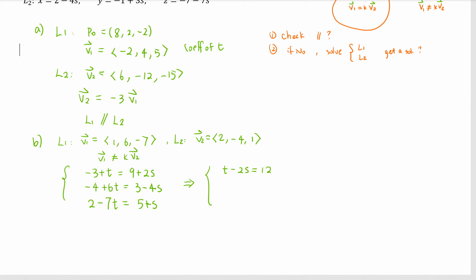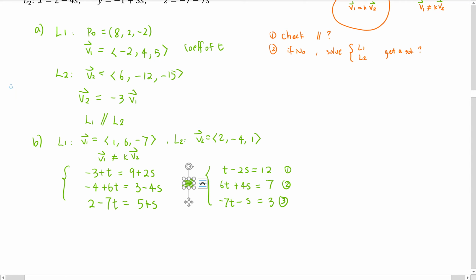And then the second equation, I have 6t and I move the s to the left, so I get plus 4s, and I move the negative 4 to the other side, it becomes 7. Next, we move the s to the left, then we have minus 7t minus s equals 5 minus 2, which is 3. So far so good. So how do we solve this system of equations?